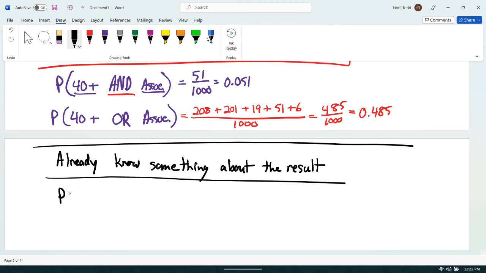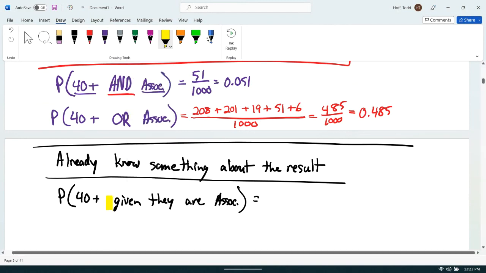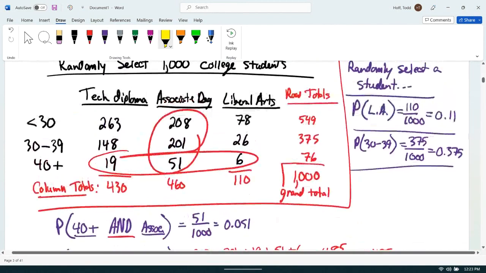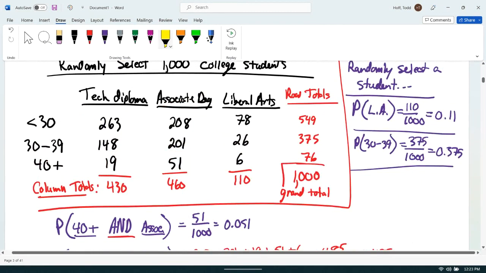Let's see, what's the probability that a student is 40 plus given they are associate degree? So the key word here is given that they are associate degree. If we say that we're given that they're an associate degree student, that means we're only looking at the associate degree students anymore. We're only looking at these students here.